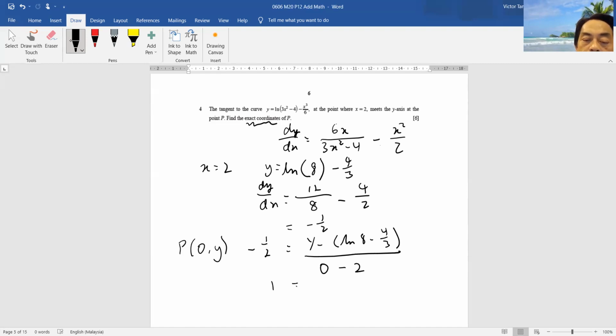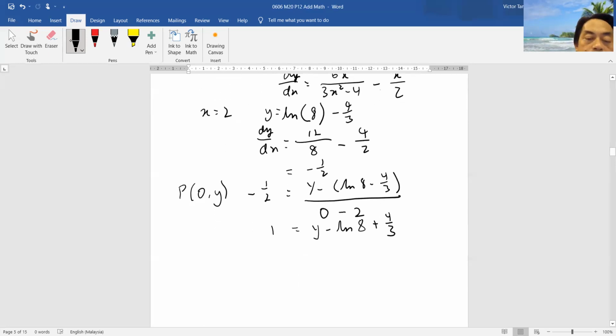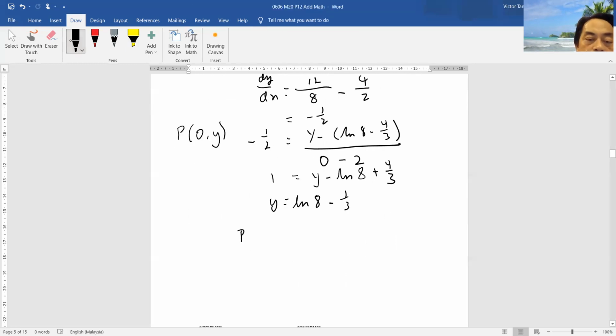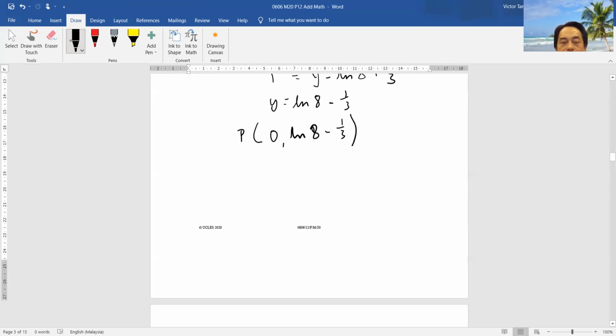So 1 equals y minus ln 8 plus 4 over 3. So rearranging, you get y equals ln 8 minus 1 over 3. There you have it. So the coordinate of P is (0, ln 8 minus 1 over 3), the exact coordinate. There you have the solution.